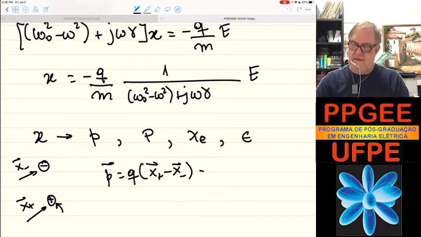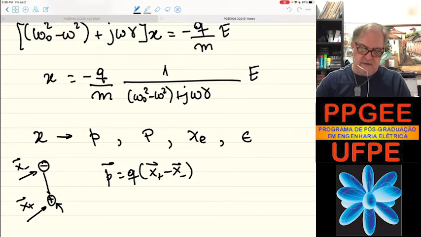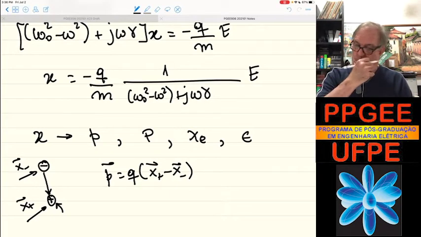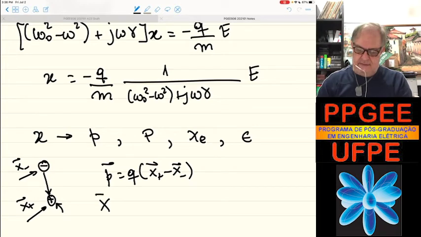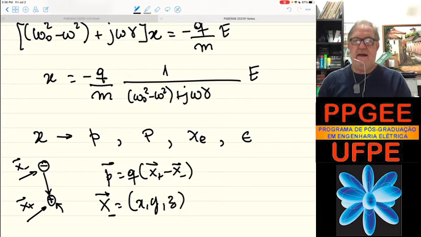I don't have to do any more. So x plus minus x minus is the vector that goes from minus to plus, right? You see that the position in the steady state is the position of the electron, right?